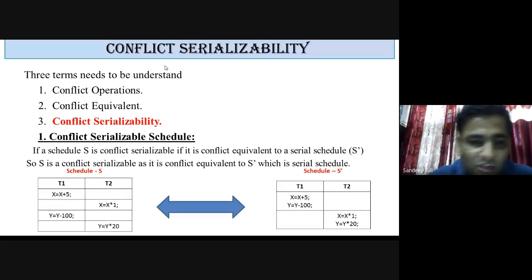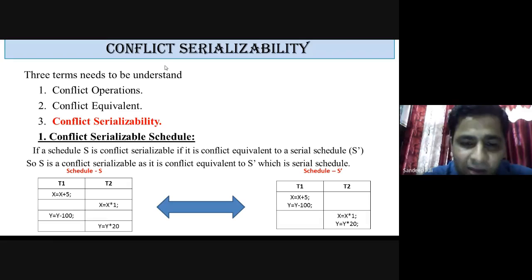Now come on to the definition of conflict serializability. Last term. I have changed the slide. A schedule S is conflict serializable if it is conflict equivalent to a serial schedule S dash. So S is conflict serializable as it is conflict equivalent to S dash, which is a serial schedule.